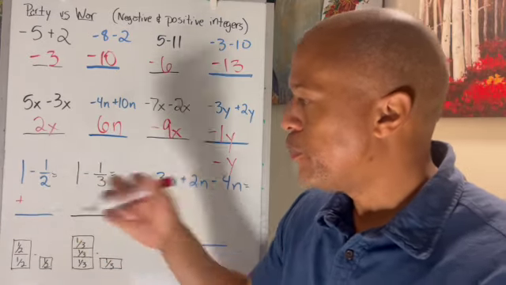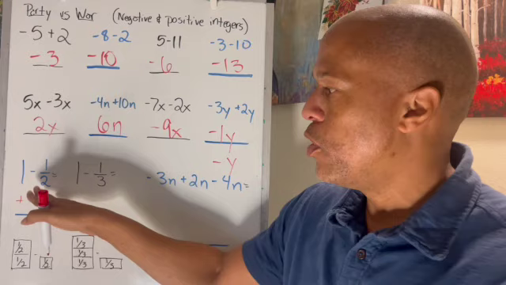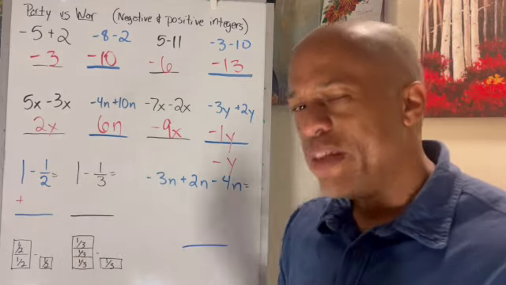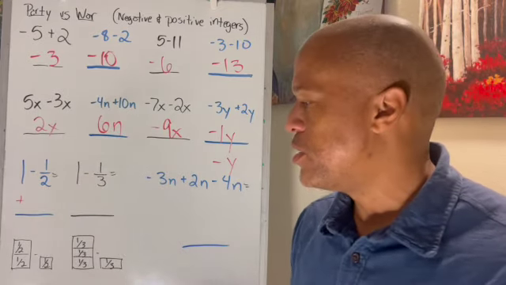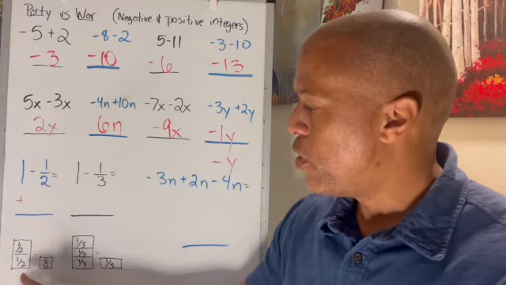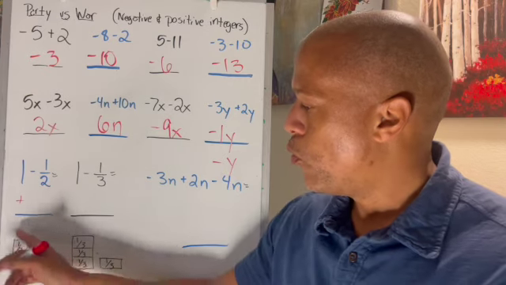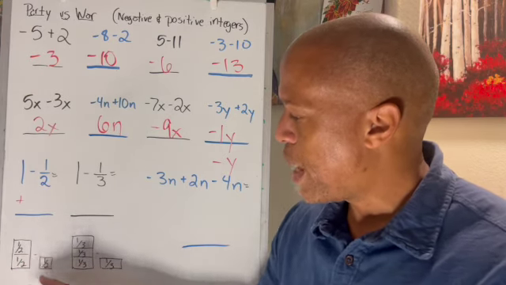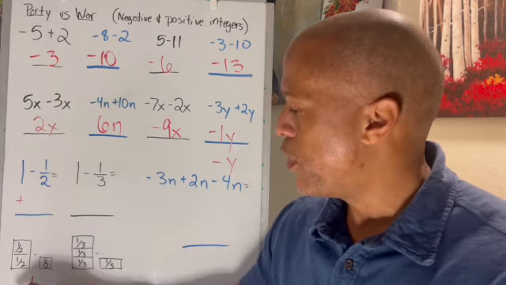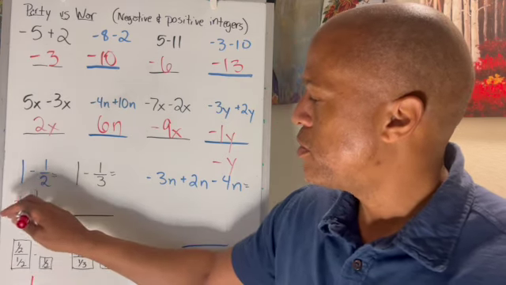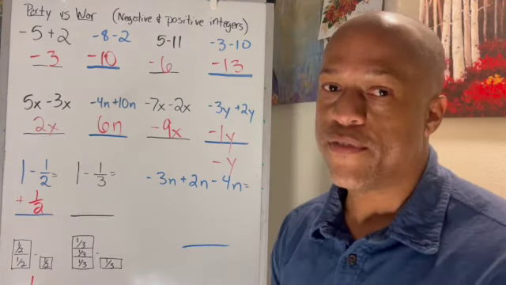Well, this one's usually okay. 1 minus 1/2 might take a little thought. Someone's going to eventually say the answer 1/2. If they don't, we go straight to a picture. I'll take my 1 block, cut it in half. I have 2 halves. If I take 1 away, I'm left with 1/2. So that is my answer for both of these, 1/2.